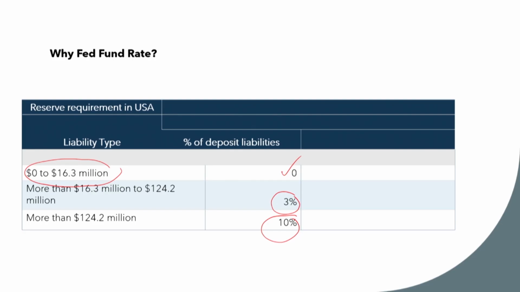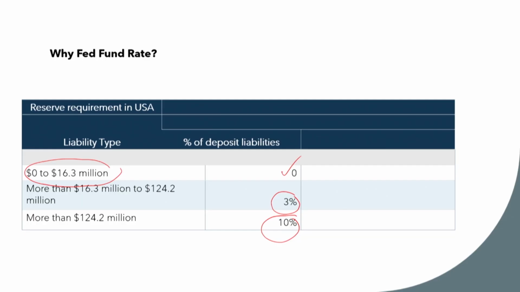So the important thing to remember is that the FFR is not a rate the central bank or the FOMC can directly determine or fix. They cannot tell one bank that this is the rate at which you should lend, and they cannot tell another bank that this is the rate at which you should borrow. So what the Fed does here is entirely different.